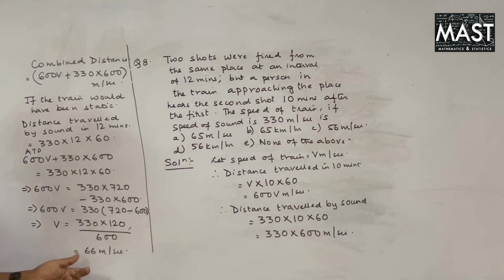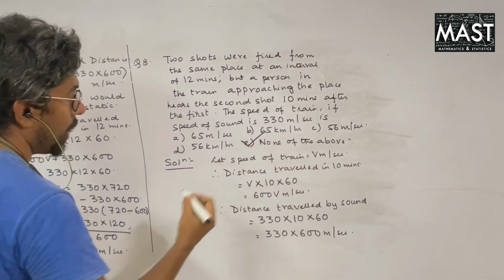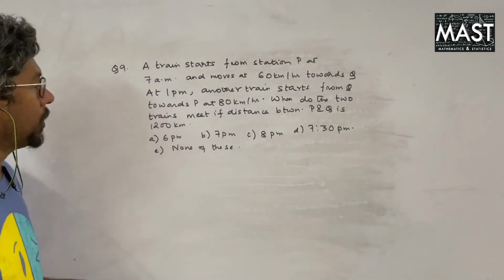So the velocity of the train is 66 meters per second. Here the answer would correspond to none of these. Moving on to the next question.